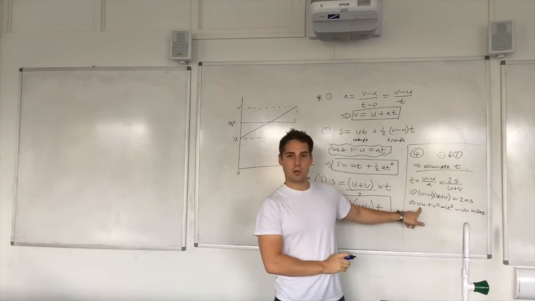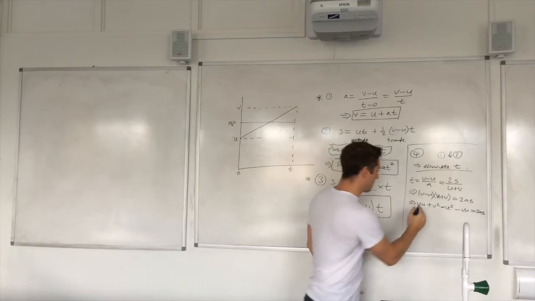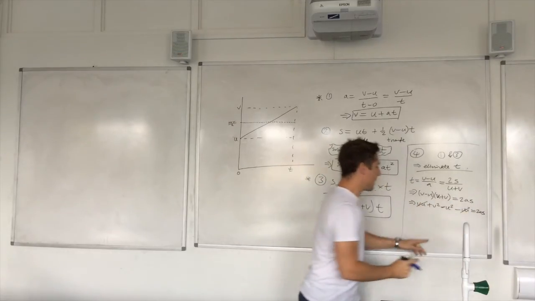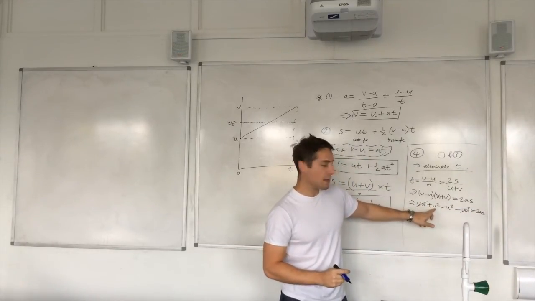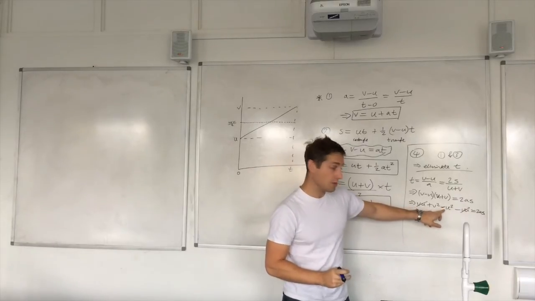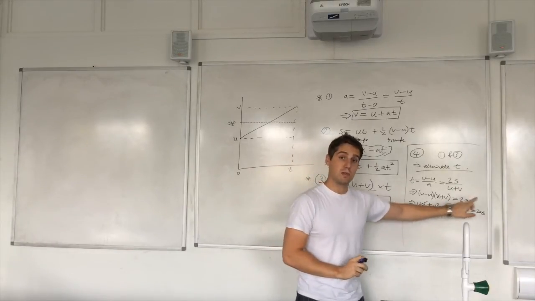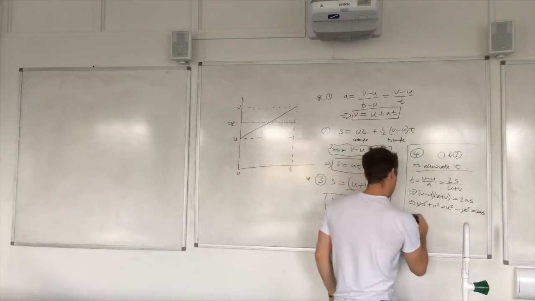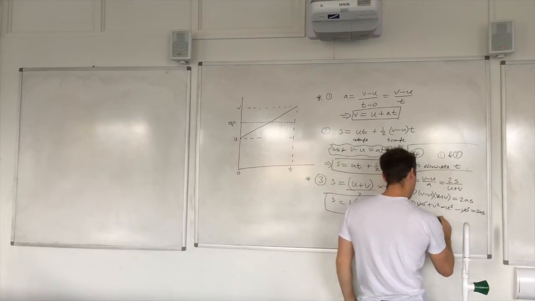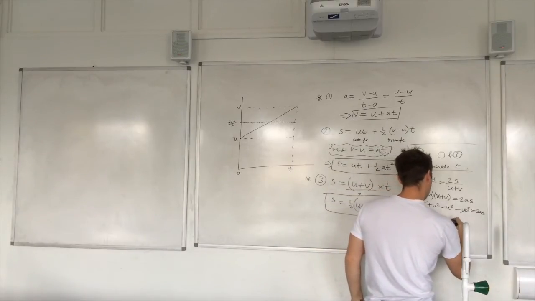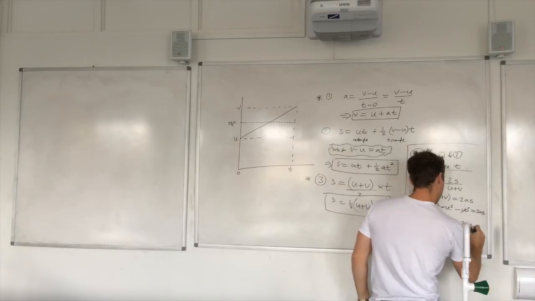Okay, so we've got a vu minus vu, so those cancel out to 0. Then we've got plus v squared and minus u squared. So what we'll do is we'll take the u squared over to the other side. So then we have v squared equals u squared plus 2as.